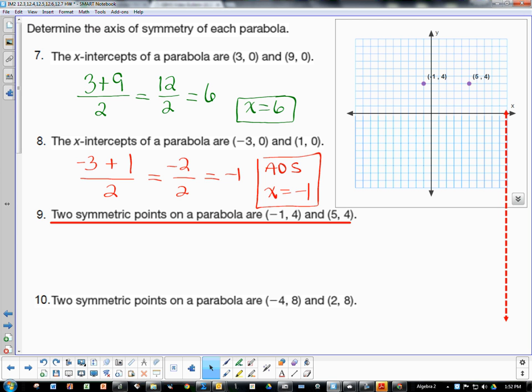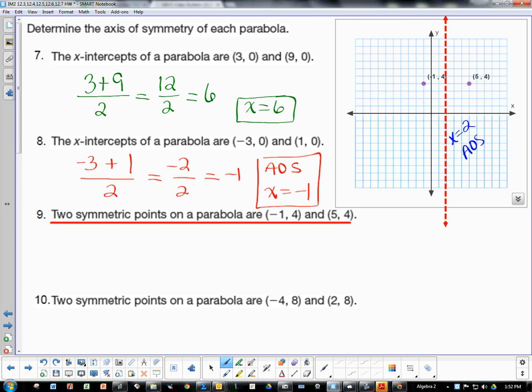There it is. If you think about this axis of symmetry lying directly in between them, it's probably about right here. And that happens to be, well, look at it, we have 1, 2. This is going to be x is equal to 2 is the axis of symmetry.